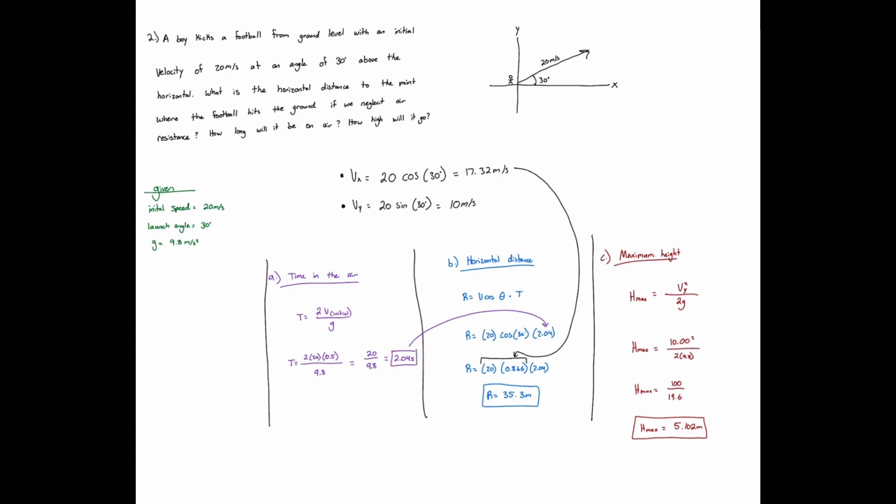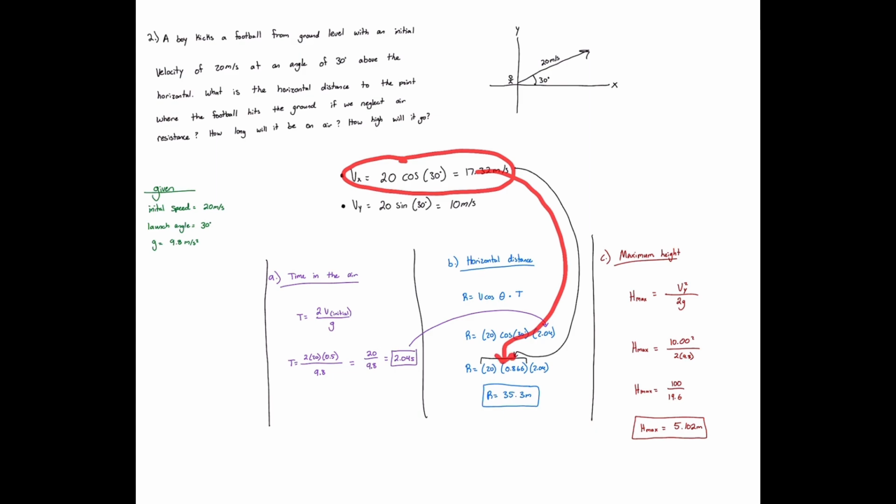Now to solve the horizontal distance. Velocity never changes because we're ignoring air resistance, which we could use this equation for. Here we will use 20, which is the initial speed, seen here as well, and multiplied it by the cos of 30, which is the launch angle, which is seen here.